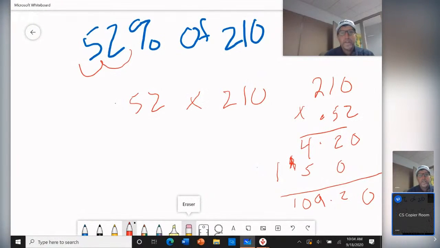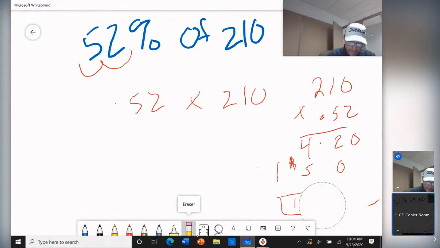Okay, so really, by just looking at this, that would make perfect sense, because 50% of 210 is 105, and it's a little bit bigger. That's where you get the 109.2. Okay, let's do another one here.